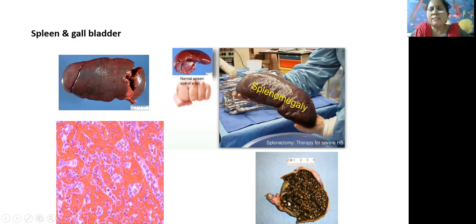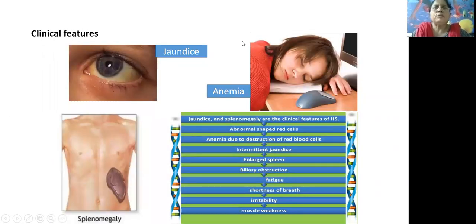Gallbladder. This contains stones. Why are the stones present? Because of the increased bilirubin, pigment stones are being formed. So 3 clinical features you must remember. This you may get. What are the 3 clinical features? Anemia, jaundice, splenomegaly.